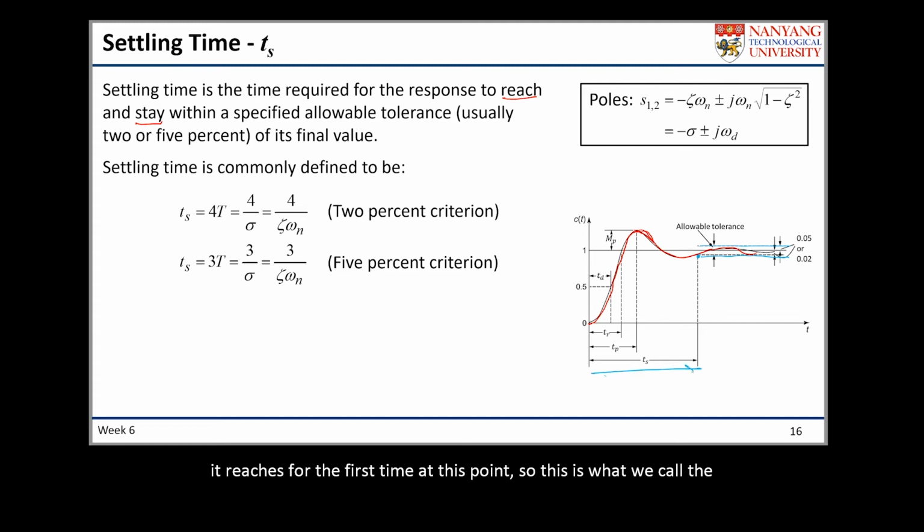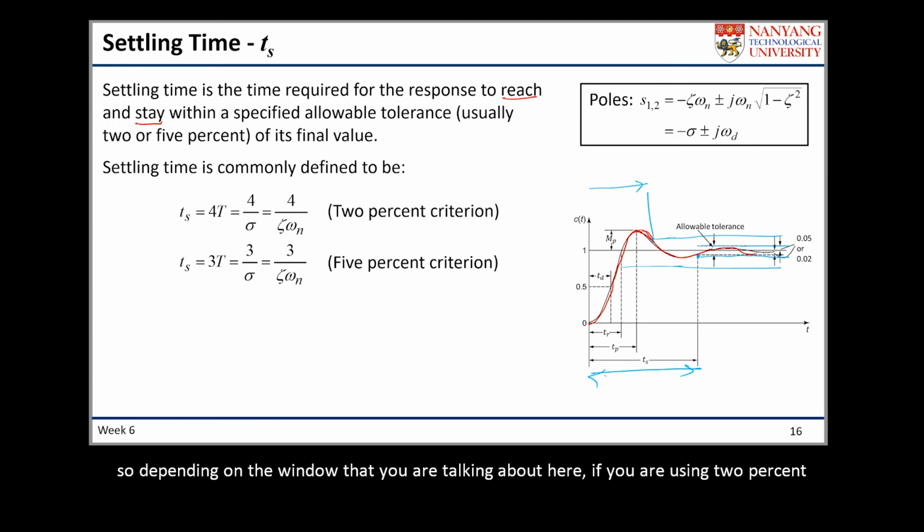So this is what we call the settling time. Again, the window can be 2% or 5%. Of course, if you have a bigger window, your settling time will be shorter, right? Like in this case, with a bigger window, your settling time might be this one.